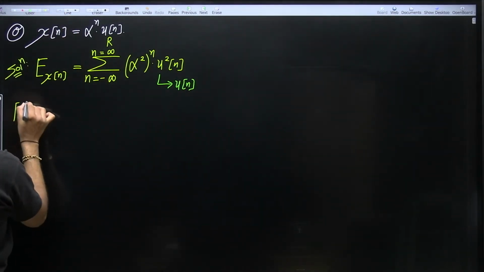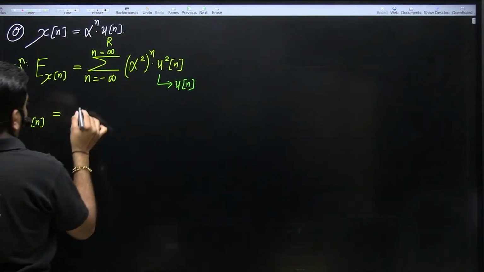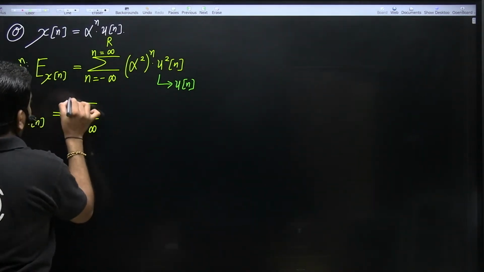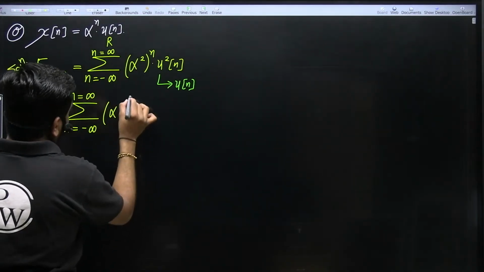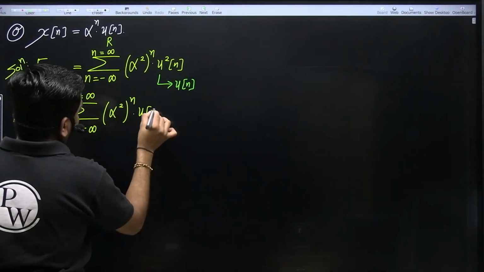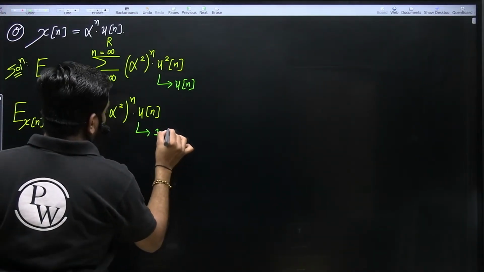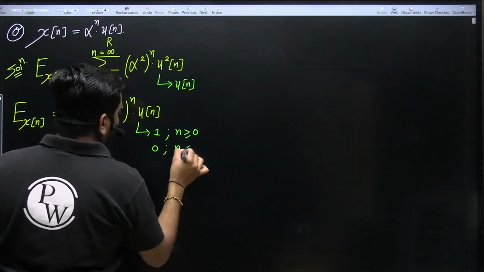So here, the energy of x of n is the summation, n from minus infinity to plus infinity, of alpha square power n into u of n. Now as this is a right-sided signal, u of n is 1 for n greater than or equal to 0 and 0 for n less than 0.